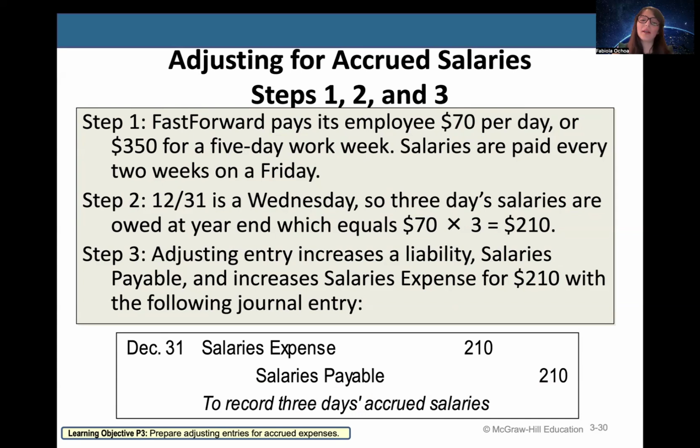Then you record a credit to salaries payable, a liability, which makes your liability go up for $210 to record 3 days of accrued salaries. Again, because year end 12/31, our accounting period, ends on a Wednesday, we have to pay our employees for Monday, Tuesday, and Wednesday of that week.